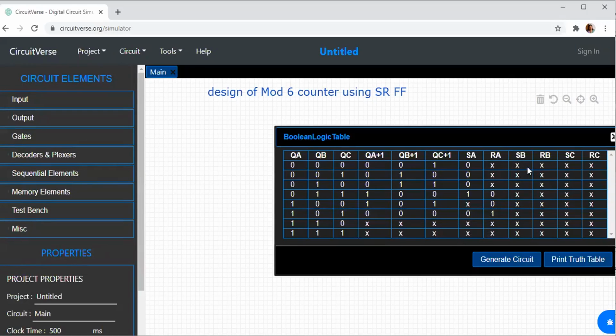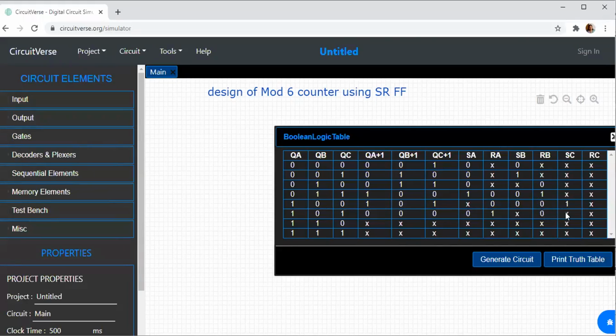Now go to SB and RB. This is 0 and x. This is 1 and x. This is x and 0. This is 0 and 1. You should keep your excitation table handy, then only you can write this. And this is 0 and x.